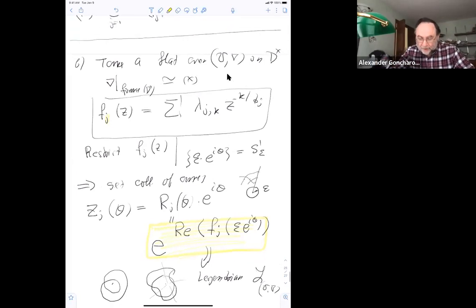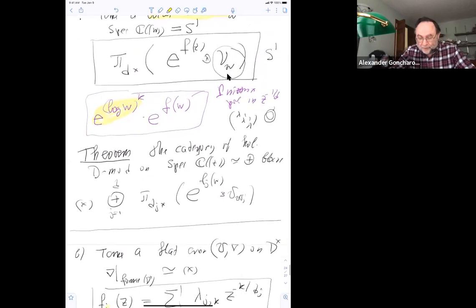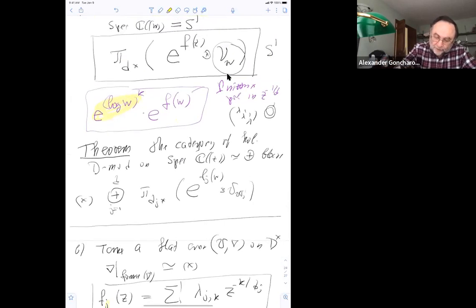So once again, informally, the point is that whenever you solve a differential equation in formal Laurent Puiseux series, you always get a solution like that. You can get something like W to lambda multiplied by some Puiseux series of W. This W to lambda tells you the local system.